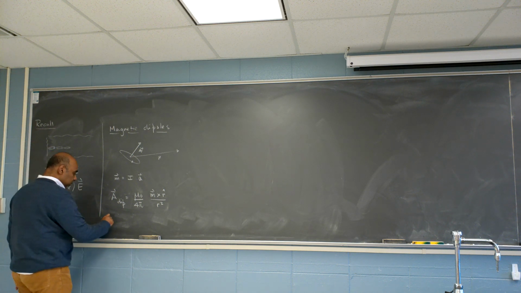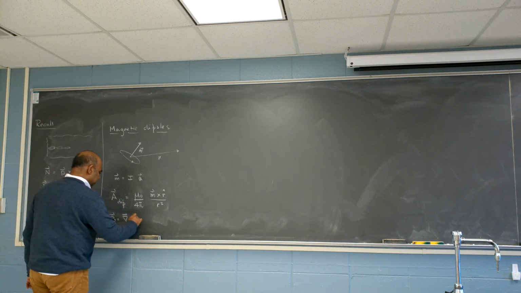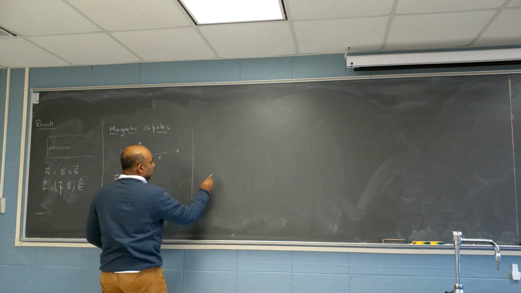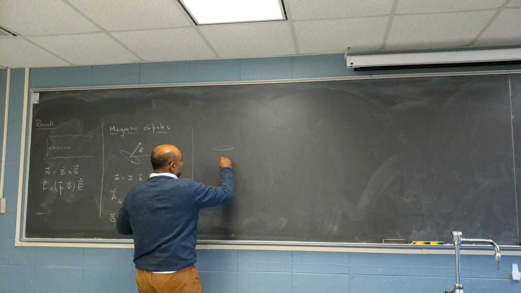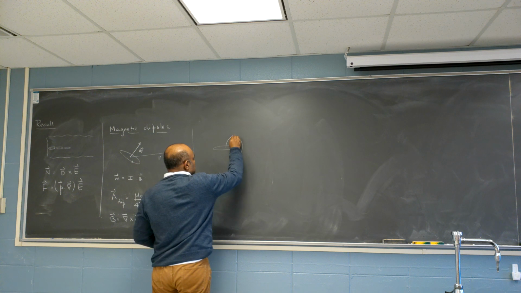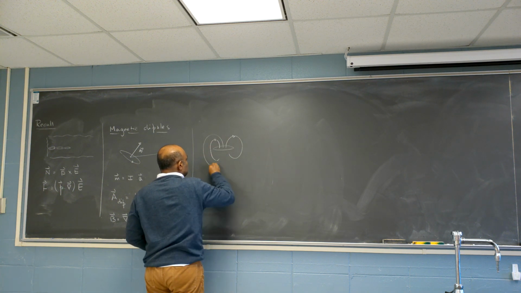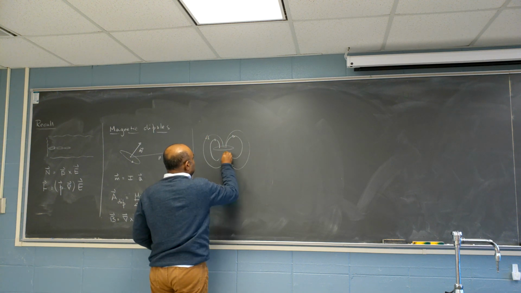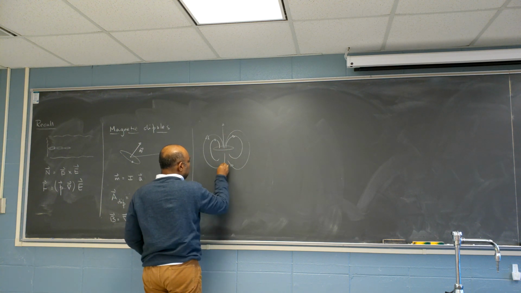Okay, so these are our basic ingredients. And from this, you can even compute the magnetic field. I wrote the answer down and asked you to verify, but that's just a quick verification. Let me now draw the dipole where it's easier to draw the magnetic field. It is simply this, as you can expect. And maybe in the center it's just going this way, but the other one comes back in.